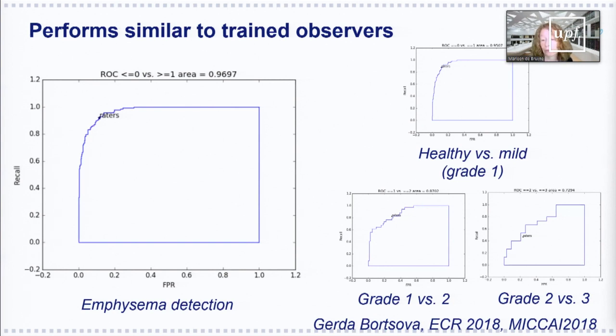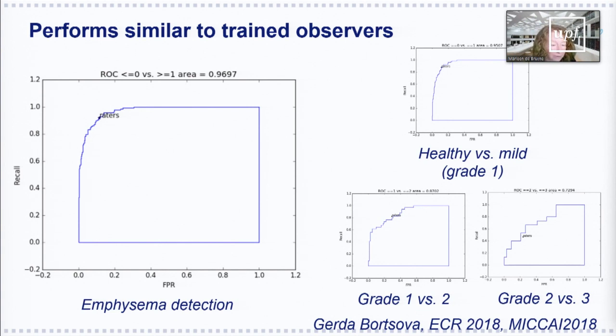This model performs very similar to trained observers, just in reproducing the visual score, as you can see here in the ROC curves. So this is an ROC curve. If we have no or random discrimination, you would expect to see the 45-degree line. Perfect discrimination would go up vertically and then horizontally.